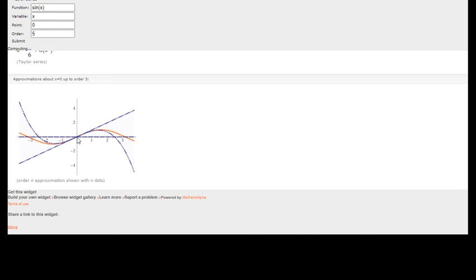And every time you take the Taylor series, each term in the series is equal to the derivative of the function you're trying to approximate. So, for example, with sine of x, the first term of the Taylor series is equal to the 0th derivative of sine of x.